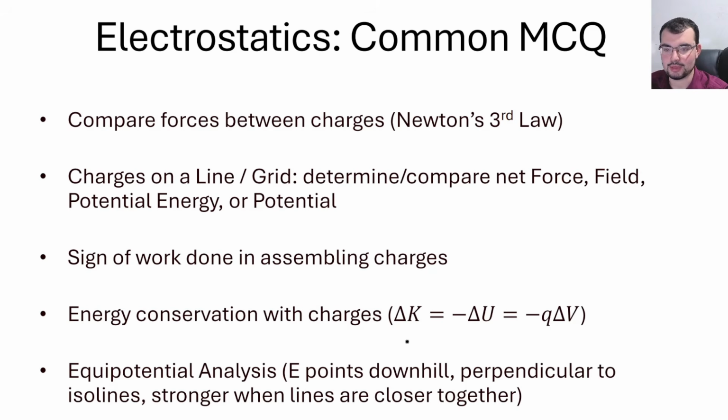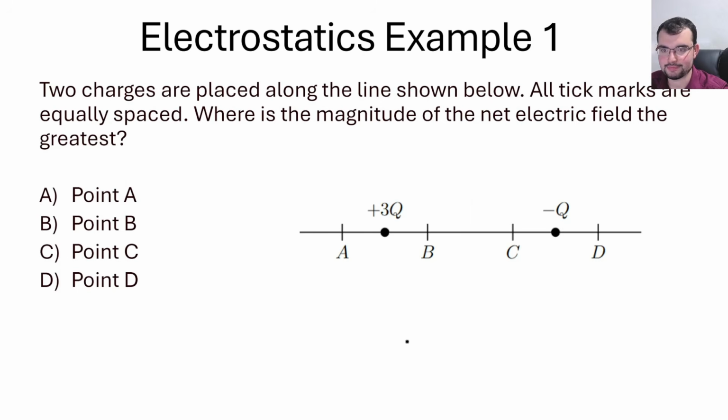Then you have to do some energy conservation, knowing that kinetic energy change is opposite the change in potential, and potential energy change would be Q delta V. And also you have to analyze isolines or equipotentials, using the fact that E points downhill. Since E is the steepness of the terrain, where your terrain is closer together, your height drops, that means it's a steeper push. So let's just do some examples.